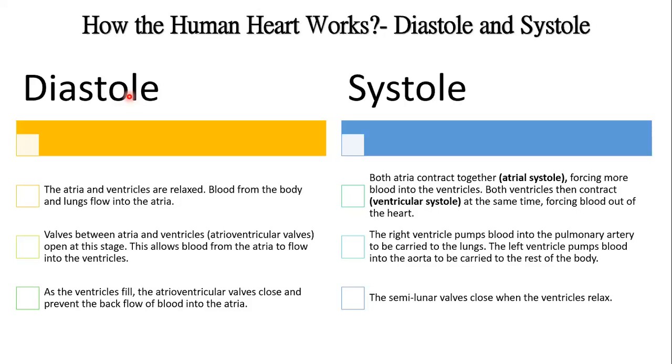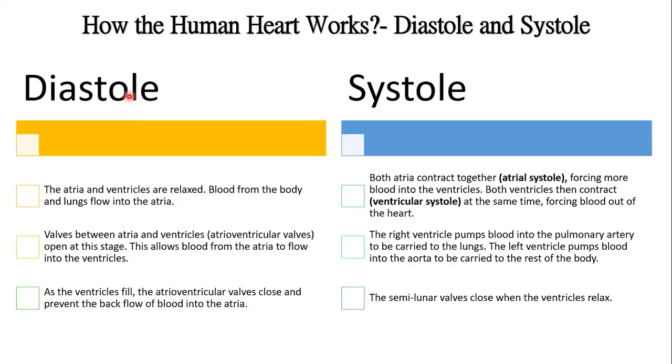So when the atria and ventricles relax, blood from the body and lungs would flow back into the atria. So blood from the rest of the body cells would flow into the right atrium, and blood from the lungs would flow into the left atrium during diastole.